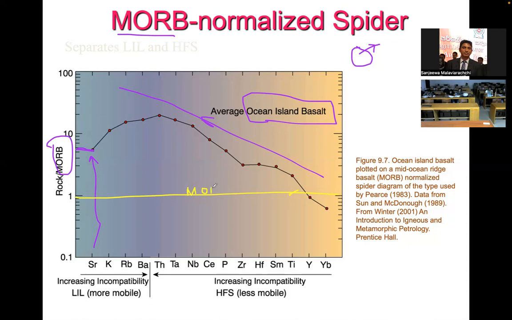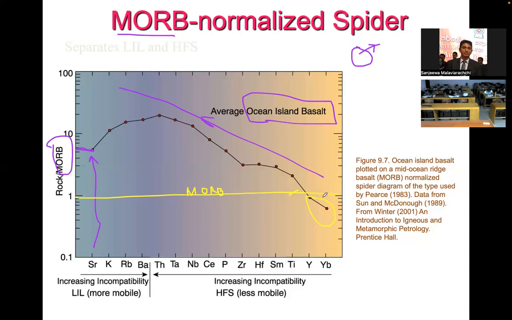So how can you compare these elements in this MORB with the ocean island basalt composition? You can see the most compatible elements like yttrium, ytterbium, they are depleted in ocean island basalts compared to the MORB composition, right? Because they plot below the MORB composition.